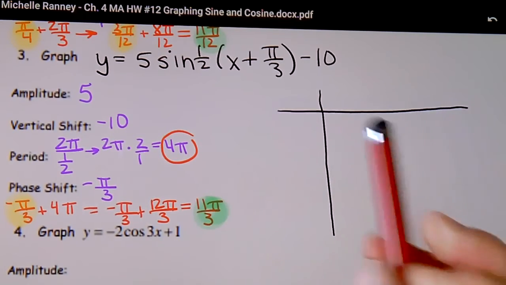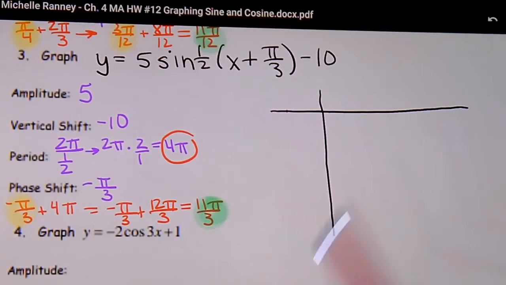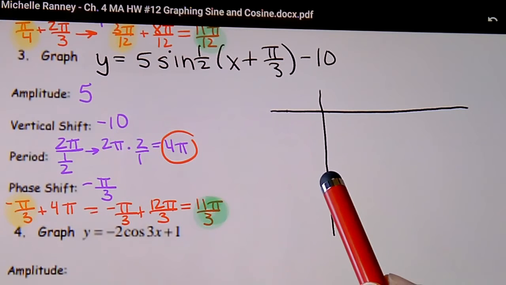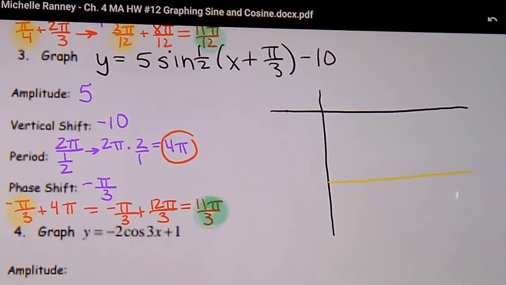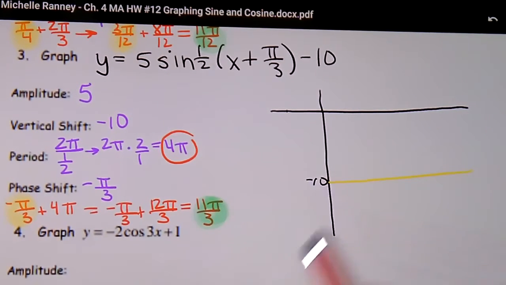Okay, and I also need my negative x side, so I need to have over here. So let me draw in my vertical shift. So I'm down here. Let's say that this is negative 10. Okay, so that is negative 10. And I'm going 5 above.